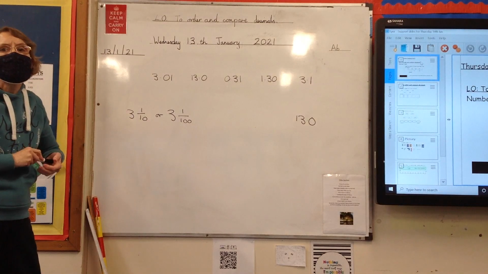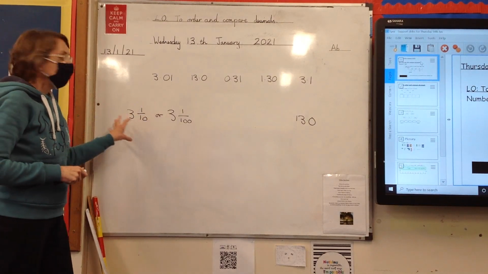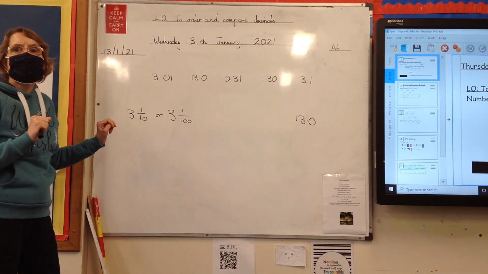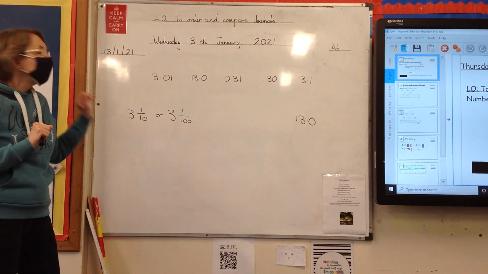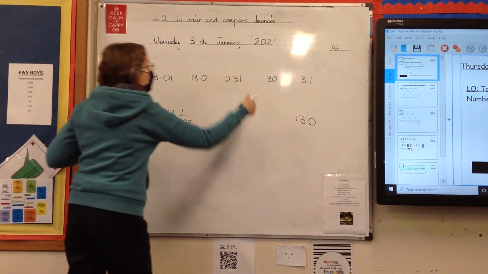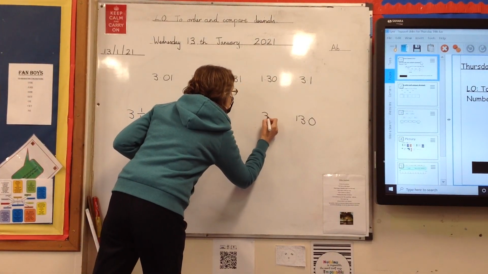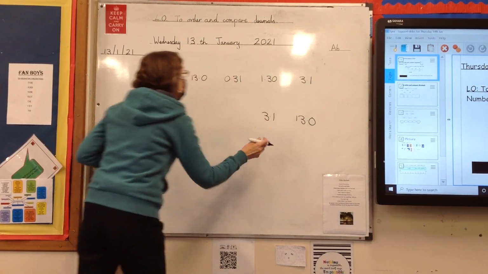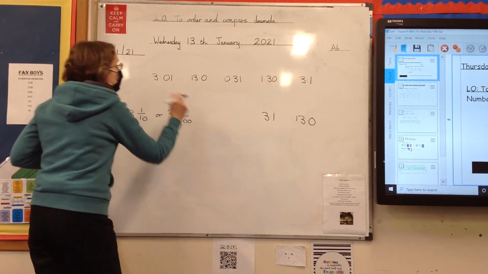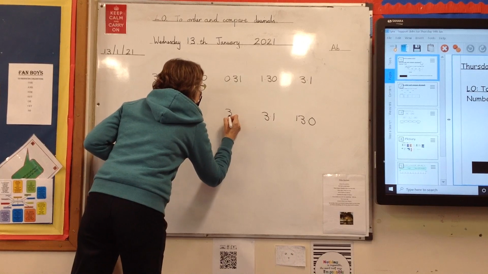Which one is the largest of the 2 numbers? 3 and a 10th. So that actually will be our next largest number. 3 and 1/100 is smaller than that.